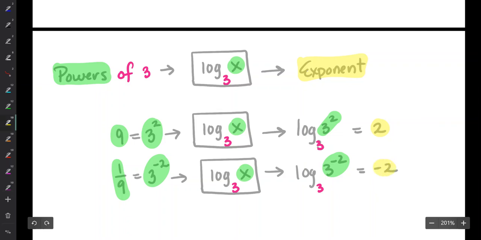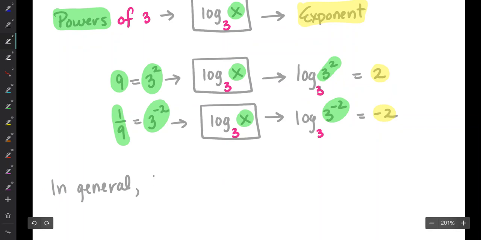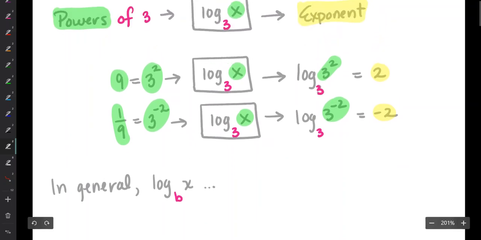So in general, a log of any base, log base b of x, what's it going to take in? The inputs are going to be powers of the base, and the outputs are going to be the exponents.